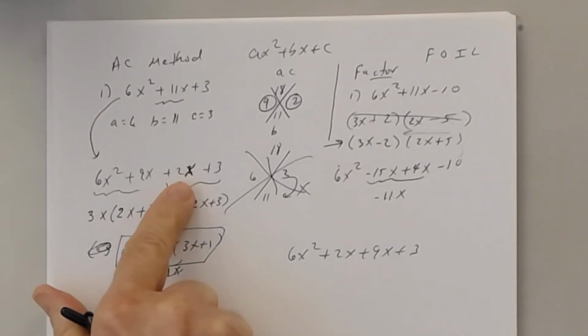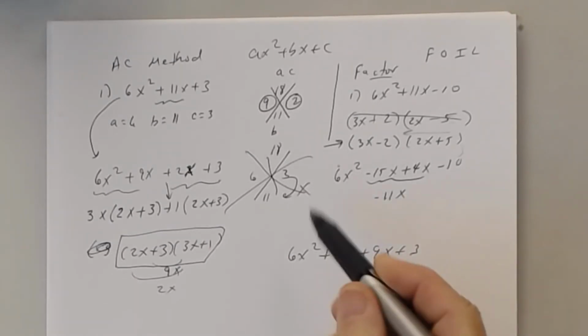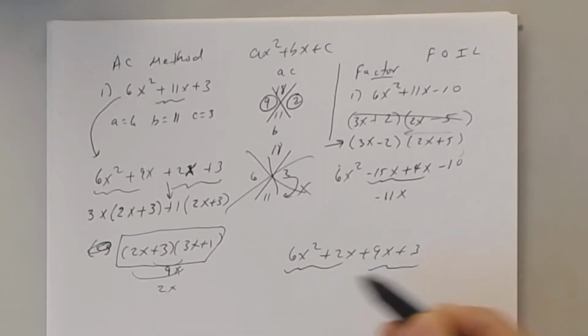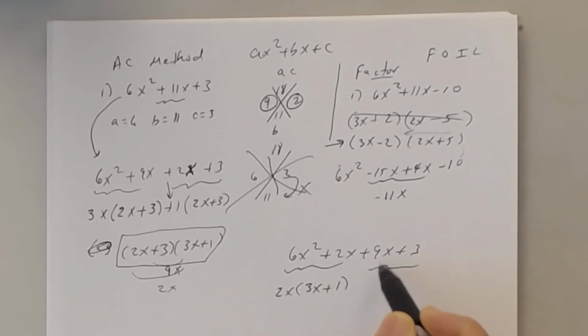Now remember a while ago I said, does it matter whether you put the 9x or 2x first? No. So over here, let's see if I get the same thing. Group the first 2, last 2. What do you factor out of the first group? 2x. What do you get? Plus 1. What do I factor out of the second group? You got to say plus 3. Good.